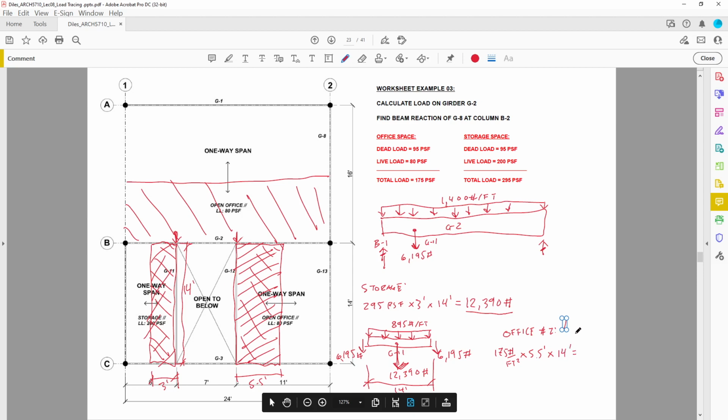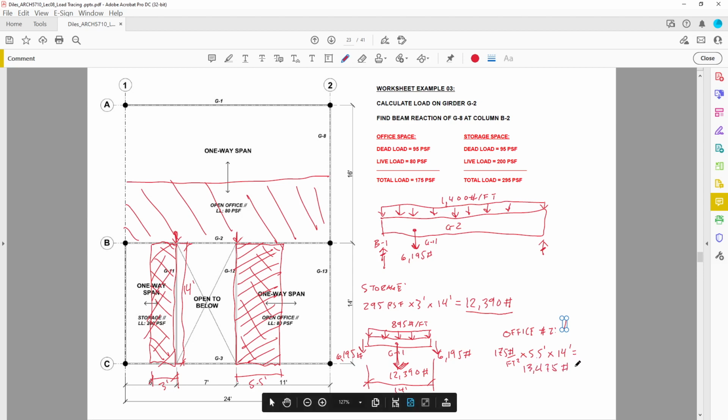And so what does that end up being? So it is 175 times 5.5 times 14 feet. That is going to give us a total load on G12 of 13,475 pounds.